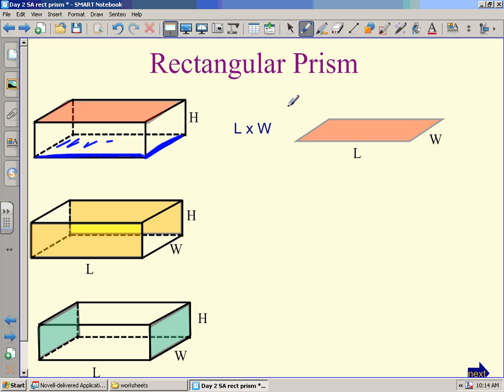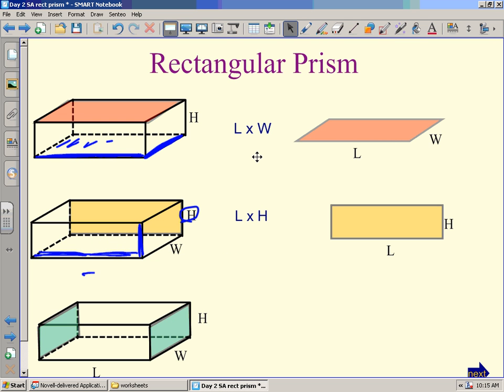If we look at the front and back, now I've got this dimension. Oh, that looks like length times this dimension. Well, that dimension is the height. And again, if I pull that out, we can see that we have our length and our height for that dimension. And then our last rectangle would be the right side or left, and we'll look at the right. This dimension, which happens to be the width, and this dimension, which is our, we'll call the height.